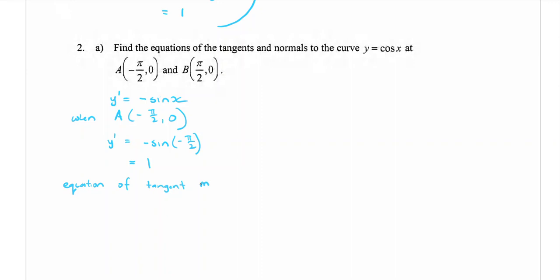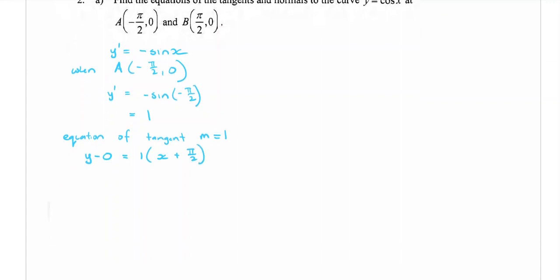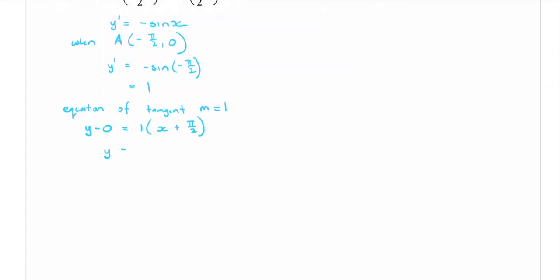Okay, so this is using that m is equal to 1 and the point A here. M is 1, point there, into the y minus y1 formula. So it will be y minus 0 equals m is 1, bracket, x minus minus makes a plus, pi over 2. And y minus 0 is just y, and the 1 doesn't really do anything when you times it out. So there's the equation of my tangent.